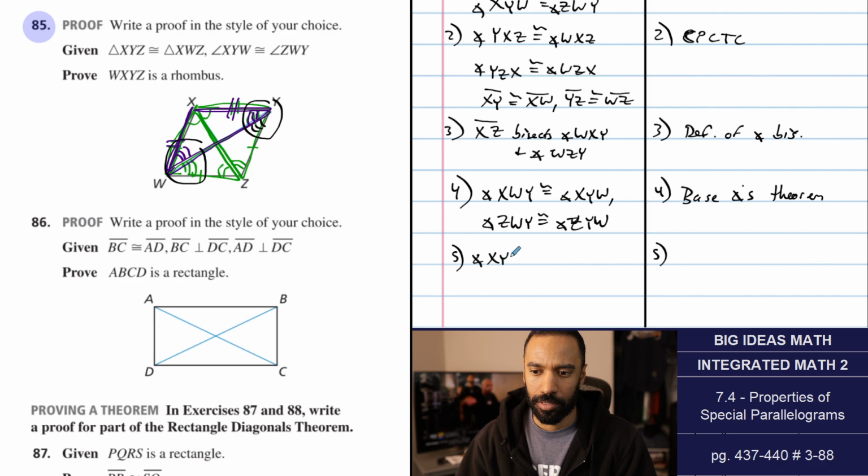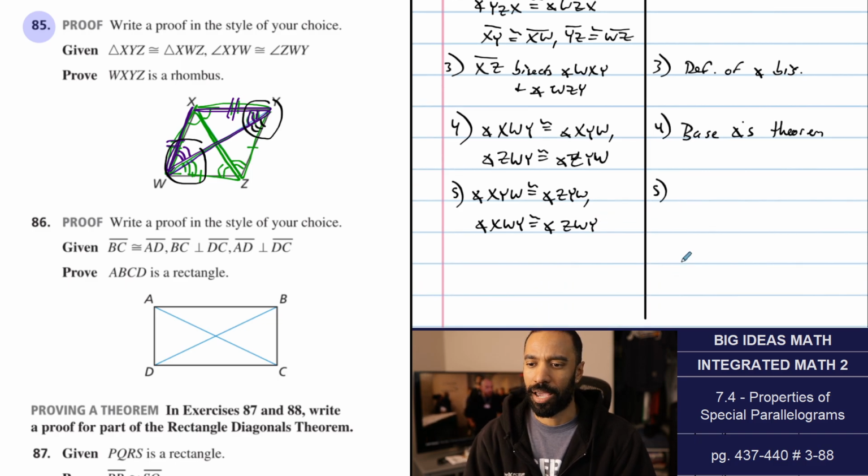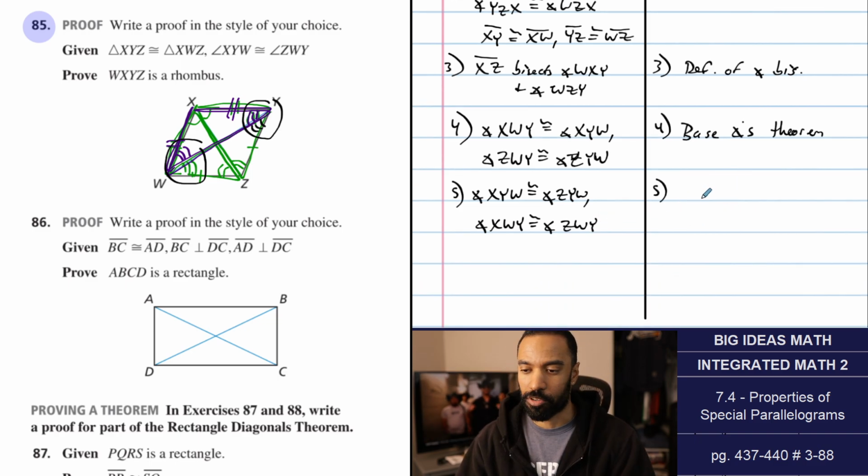XYW congruent to angle ZYW, and angle XWY is congruent to angle ZWY by transitive property of congruence.